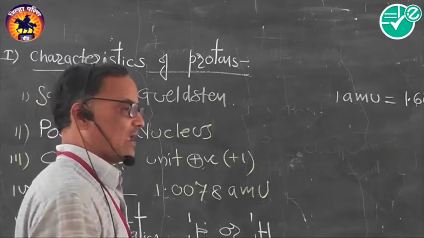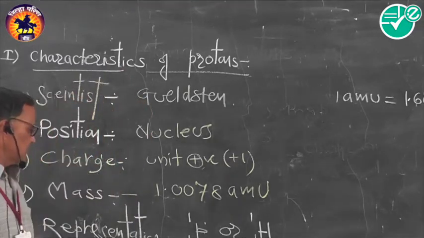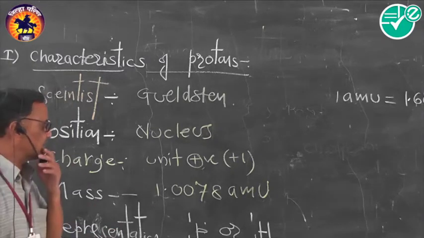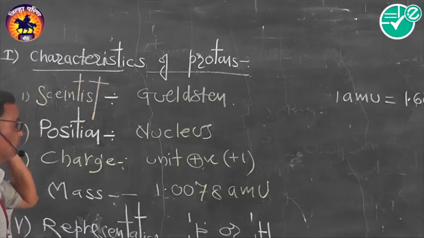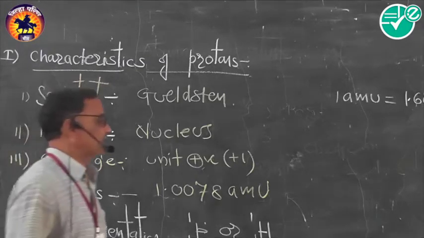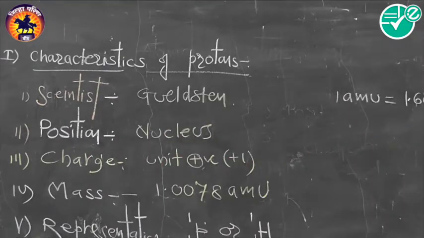In accordance with mass equality, proton is represented by P11 as well as H11. So these are the 5 important points regarding the characteristics or special features of protons.